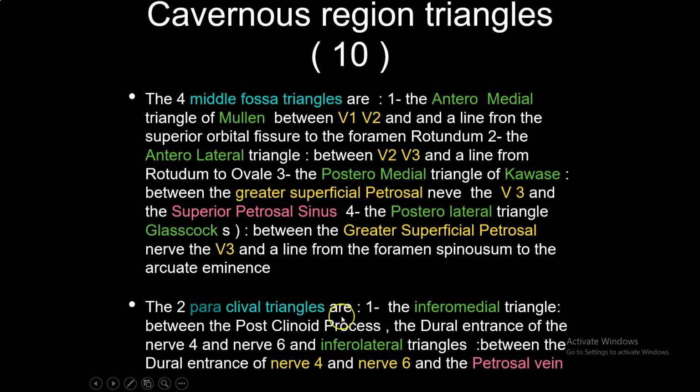So because they are in posterior fossa, they are called inferior. They are paraclival. One of them is medial, 2, 4, and 6 with the posterior clinoid. One of them is lateral to the line between 4 and 6 with the entrance of the petrosal vein into the superior petrosal sinus.